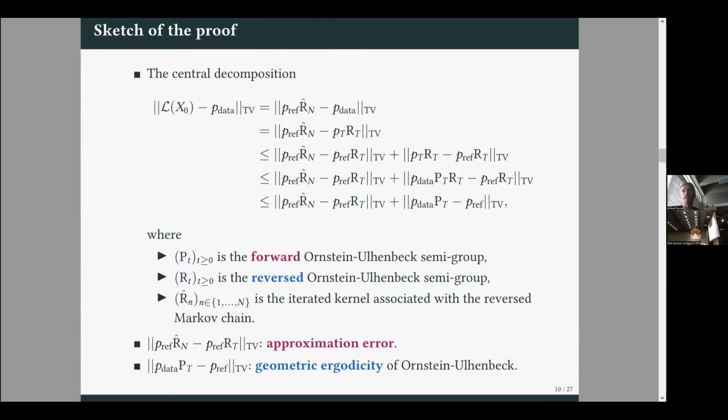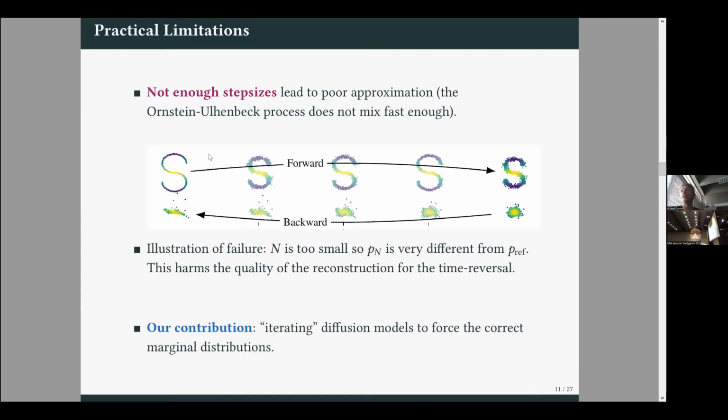Here I give you an example with a simple two-dimensional distribution, an S-shaped two-dimensional distribution. Assume you diffuse forward, but not long enough, so that at time n in discrete time, or time t in continuous time, your distribution looks nothing like a Gaussian distribution.